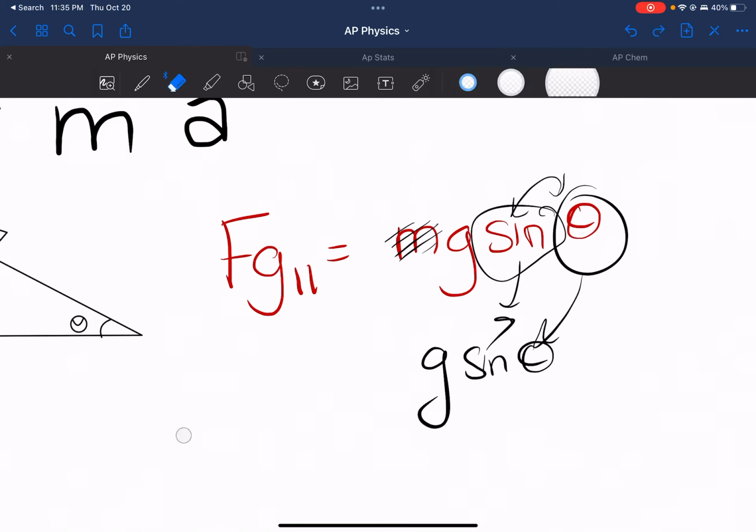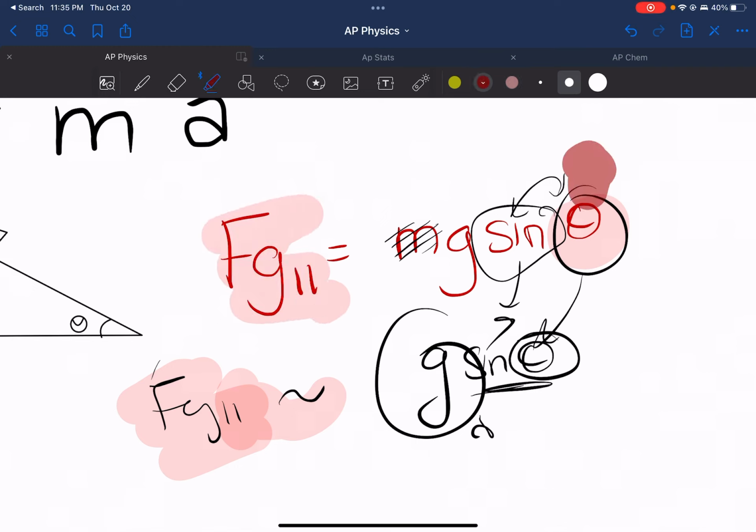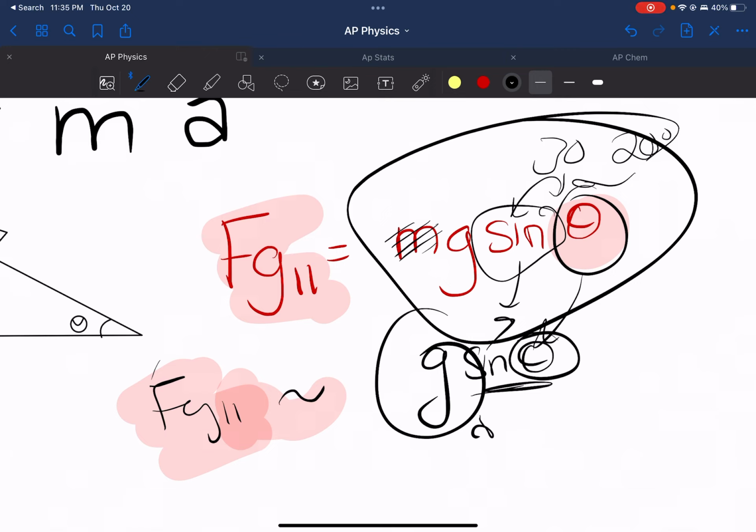Okay. FG parallel is going to be proportional to theta and to the acceleration. The g is equal to acceleration, not that gravity is equal to acceleration all the time. Okay, so FG parallel is proportional to theta, because as you change theta, you're changing this. If I make theta 30 degrees versus 20 degrees, my answer is gonna be smaller. That's the idea behind this.